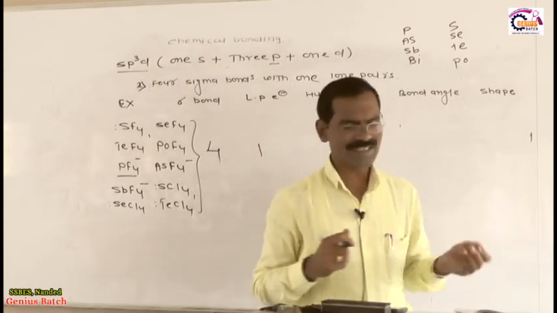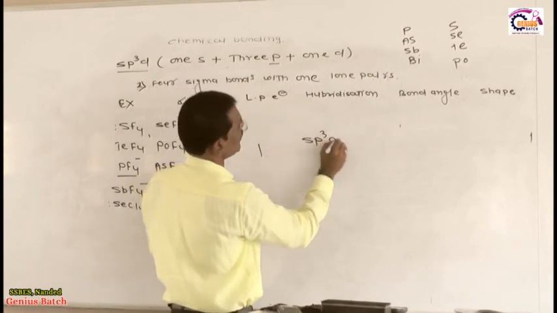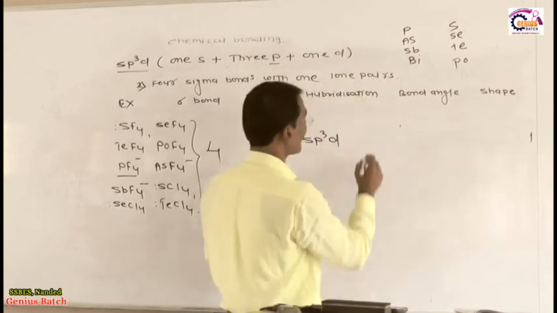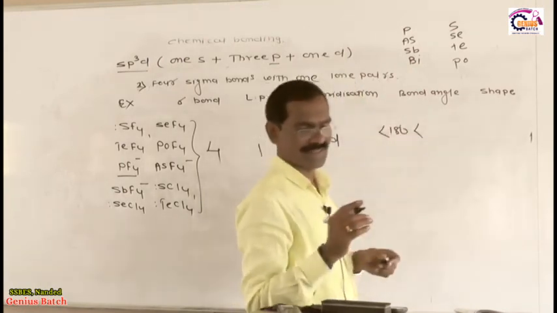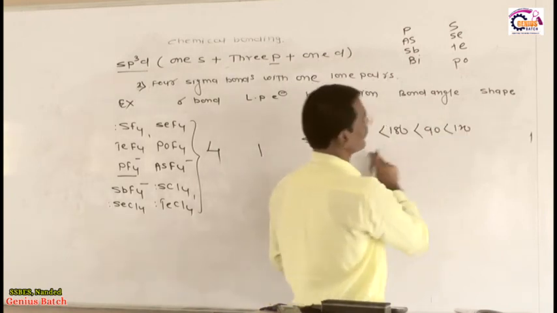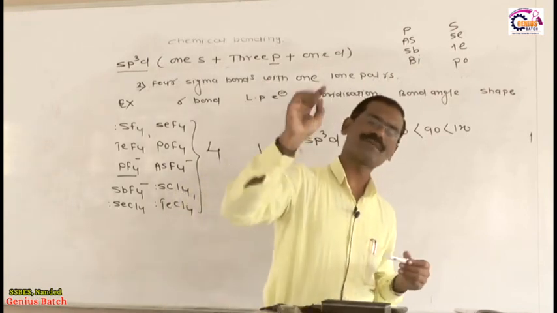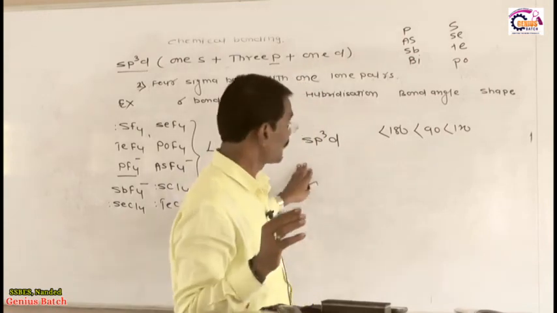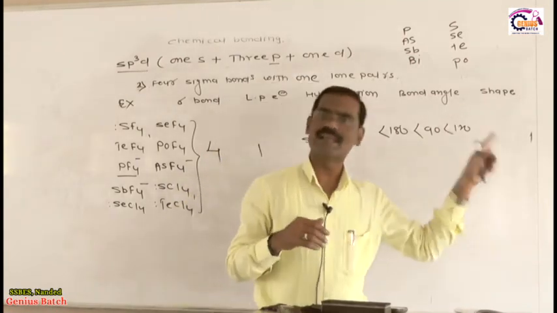No doubt the hybridization is sp3d. But listen very carefully, the bond angle is less than 180, less than 90 and less than 120. Keep in your mind, for those molecules in which the central atom has 4 sigma bonds with 1 lone pair, no doubt hybridization is sp3d, but the bond angle is less than 180, less than 90, less than 120.